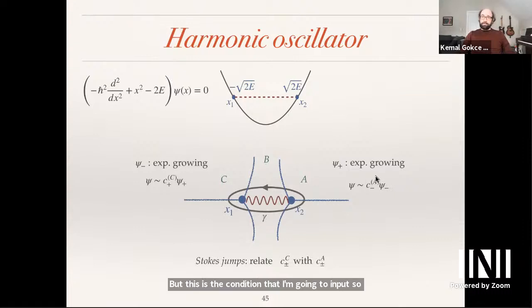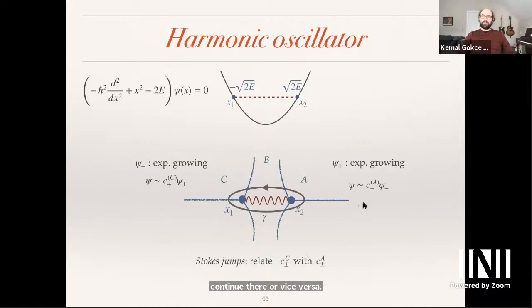So now here in region A, one of the coefficients is 0. C plus is 0, because psi plus is exponentially growing, so that I have an exponentially decaying function. And here C minus is 0, because psi minus is exponentially growing and psi plus is exponentially decaying. And the Stokes jumps relate these coefficients in different regions, if I start from here and analytically continue there, or vice versa.